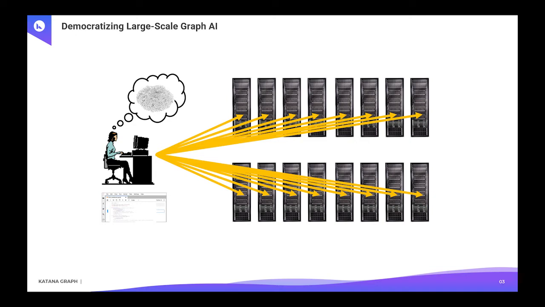So the goal of our system is to address these challenges and provide the users with a notebook front end, very easy to use, so they can just use a simple Python-based abstraction to run very large graph AI workloads on a cluster.